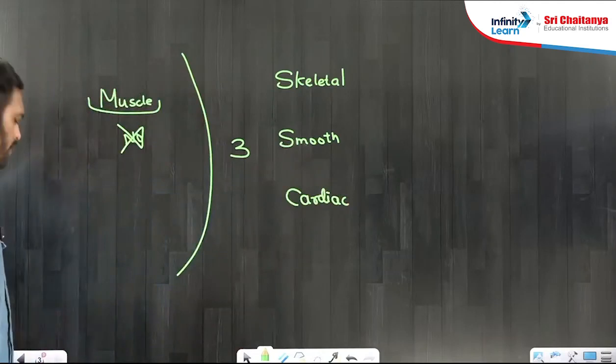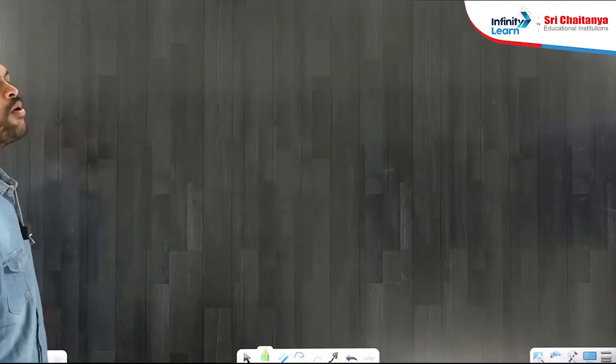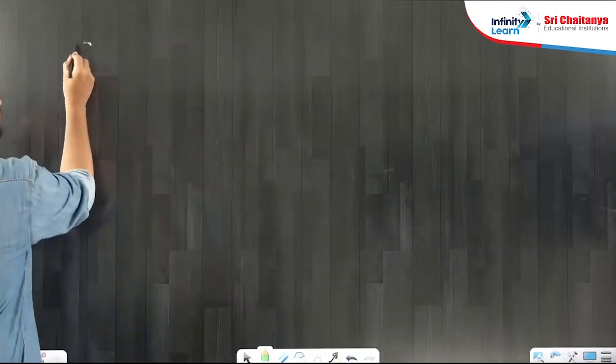Right? Tell me, guys, based on where they are, how they look, and what they do. Based on the location, structure, and function, we can broadly divide muscle tissues into 3 categories. What are those?